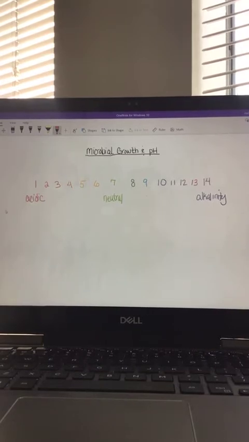So there are some microbes, they are called grouped acidophiles. And some of them are, I'll name a couple: Thiobacillus, acidophilus.